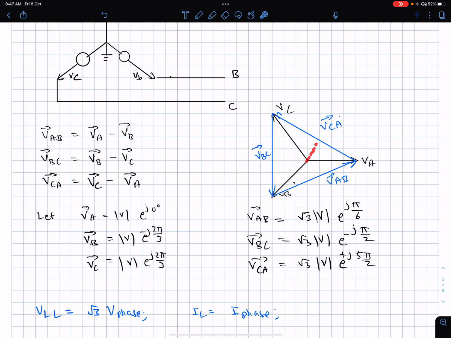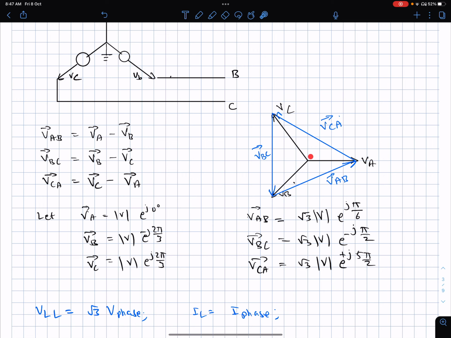If you drop a perpendicular here, for example, and calculate the length of this, then you will get this angle being 30 degrees.